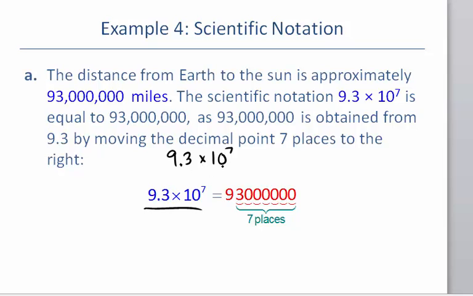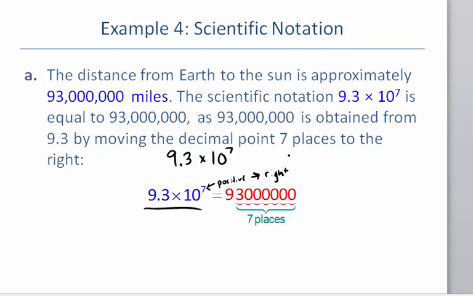When we multiply by a factor of 10 to the 7th, if the exponent is positive, then we're going to be moving our decimal place to the right. If the number had been negative, we would be moving our decimal place to the left. And the number tells me how many places to move.